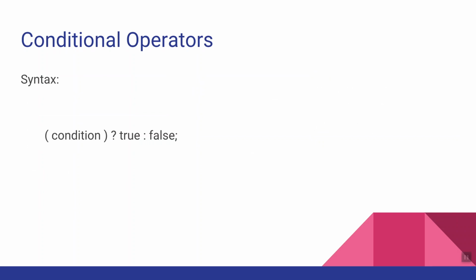If the specified condition is false, then whatever statement you write after the colon symbol gets executed. So depending upon the condition, if it is true, the statement after the question mark gets executed. If it is false, the statement after the colon gets executed.